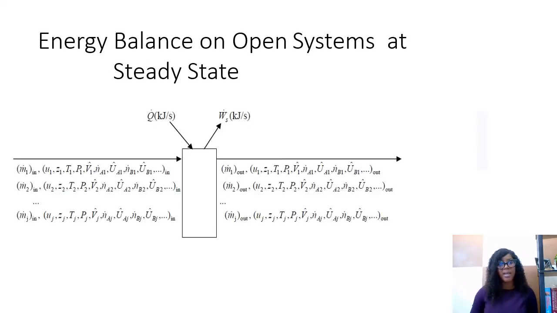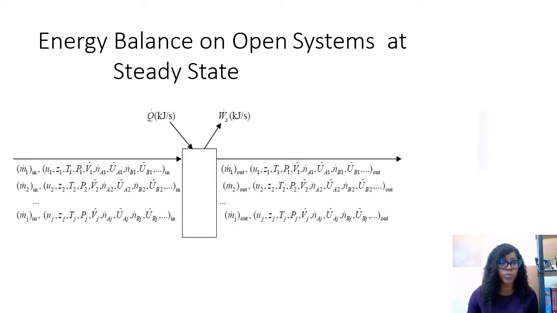Now let's examine the energy balance on an open system at steady state. In this case, we have our system, with mass entering and leaving it, right? For each of these variables entering, we have a corresponding one that's leaving our system.